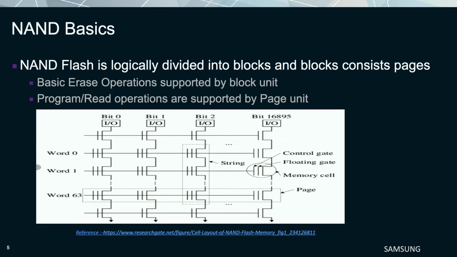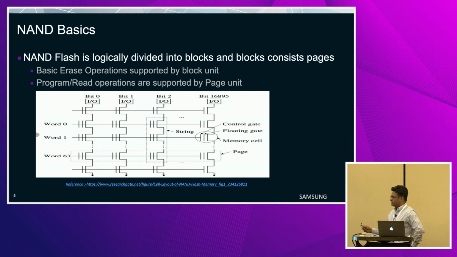This is the matrix showing how the strings are operated. A string of the NAND is divided into word lines and bit lines. These are the NAND cells, and these word lines define the page, and finally the whole set of word lines defines one block. This is just a basic picture to understand how the cells are divided and how pages and blocks are formed.